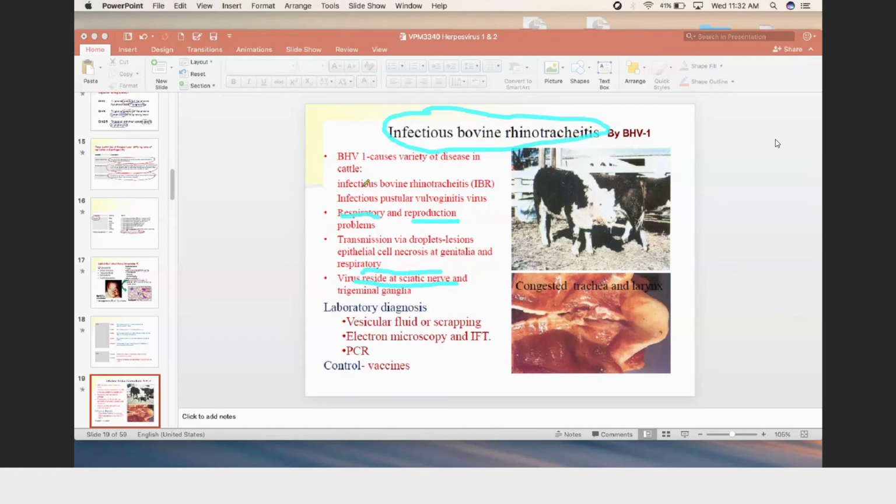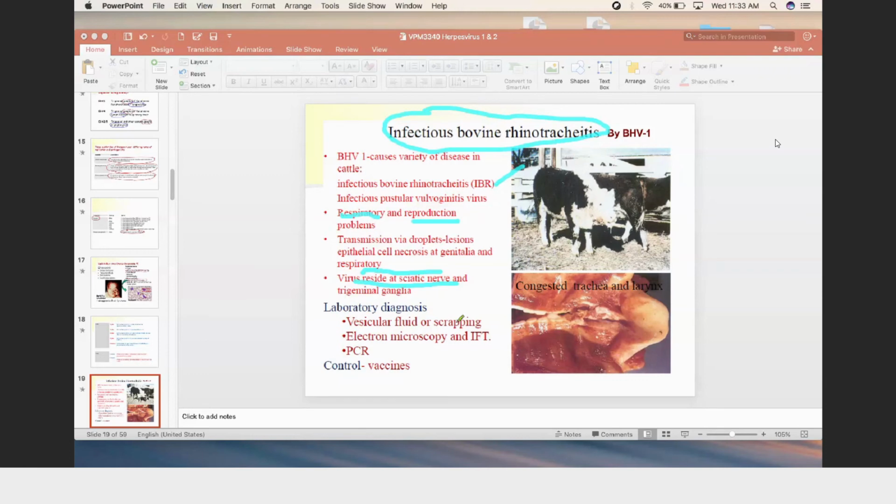You read this one. Another name for this is infectious bovine rhinotracheitis. This is actually the common name coined by a clinician 20 years ago. Instead of BHV1, they mention IBR. It is actually the same virus anyway.